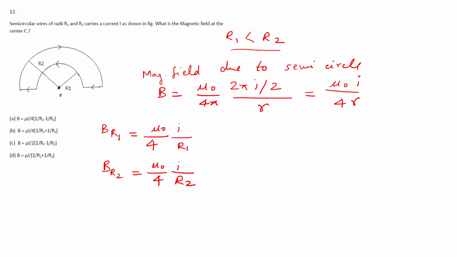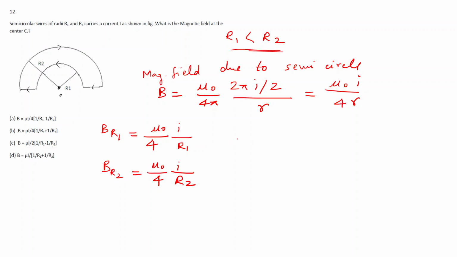Since R1 is smaller than R2 and the currents are flowing in different directions, the magnetic field because of one semicircle will be in one direction, and because of the remaining semicircle it will be in the opposite direction.